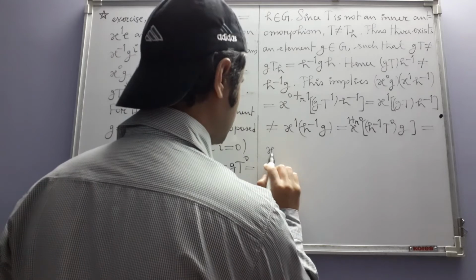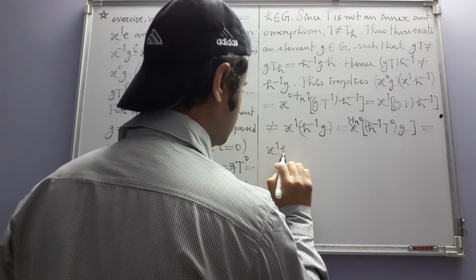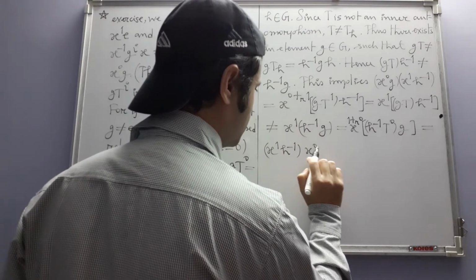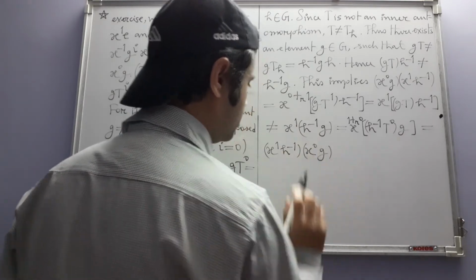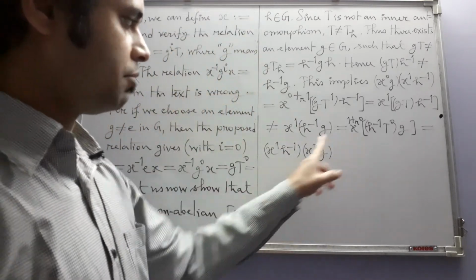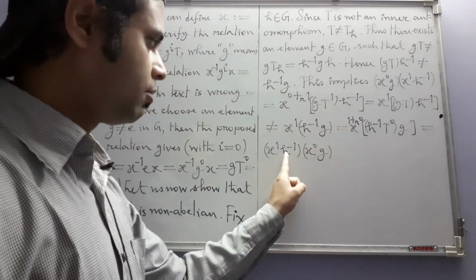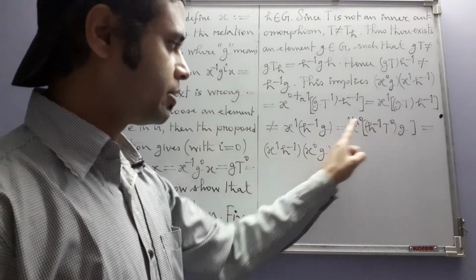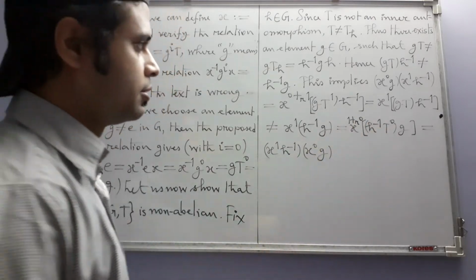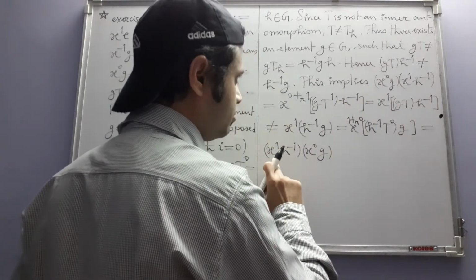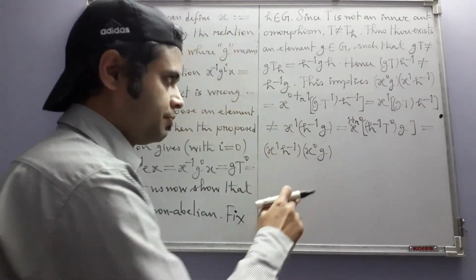So this is equal to x1 H inverse times x0 G. Do we get this when we apply the binary operation 1 plus R0, then on H inverse we apply T to the power 0 and G? Yes. So this times this is not equal to this times this.